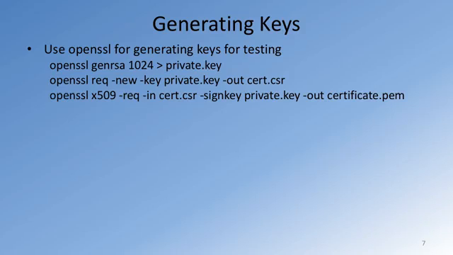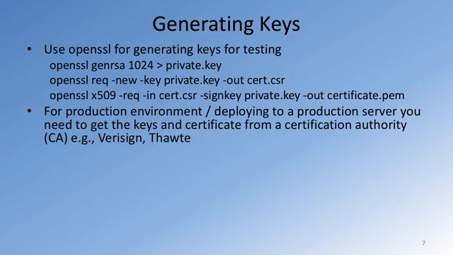So these steps will enable you to generate a private key and also a corresponding certificate that can be issued to the client. Again, to emphasize, if you are running a production server, then you need to obtain a public key, private key pair from one of the certification authorities like VeriSign and Thawte Corporation.